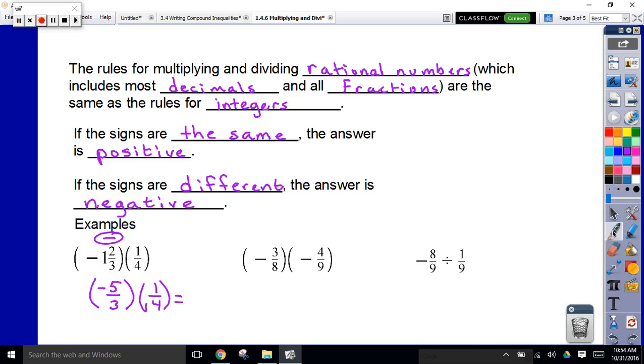Times across, what do I get? 5 times 1, 5. Now 3 times 4, 12. And remember we said at the beginning, was our answer going to be positive or negative? Negative. Negative, so we have to just put a negative sign in front of that.